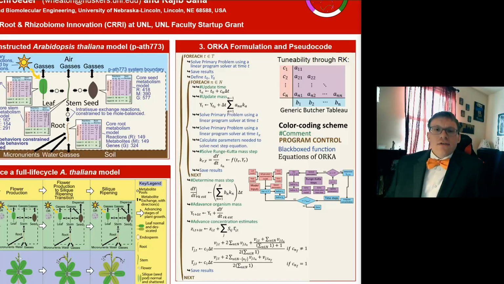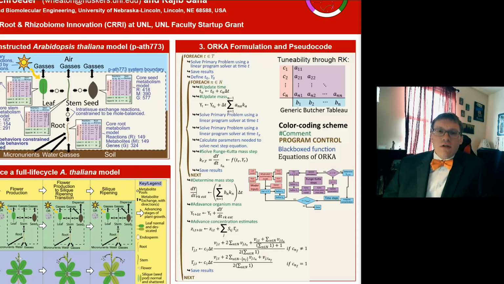Once the Path 773 model was created, we set about creating the ORKA formulation. While the mathematics are too cumbersome to show here in a poster presentation, we did include the pseudocode from which you can implement ORKA on the left-hand side of box 3, as well as a workflow diagram in the center, which will show the logic of how we implemented ORKA.